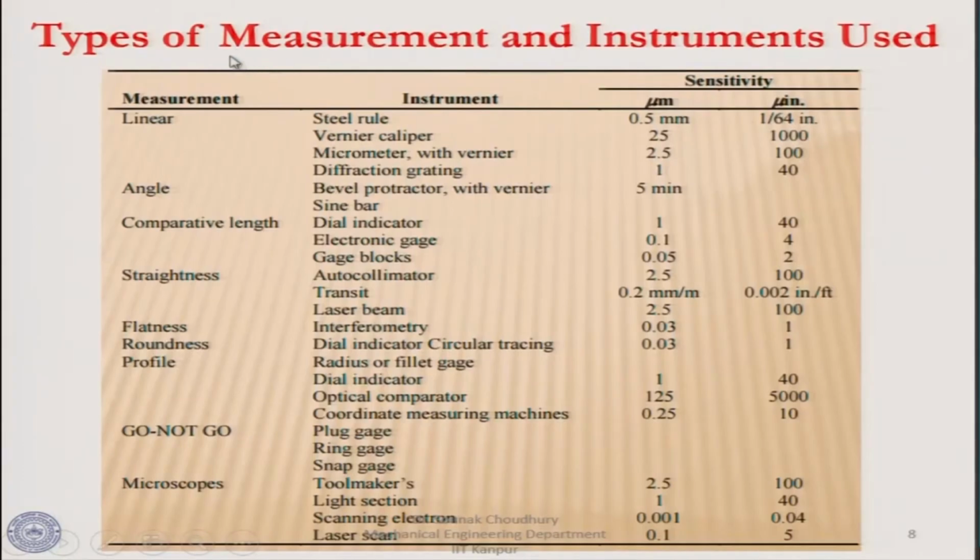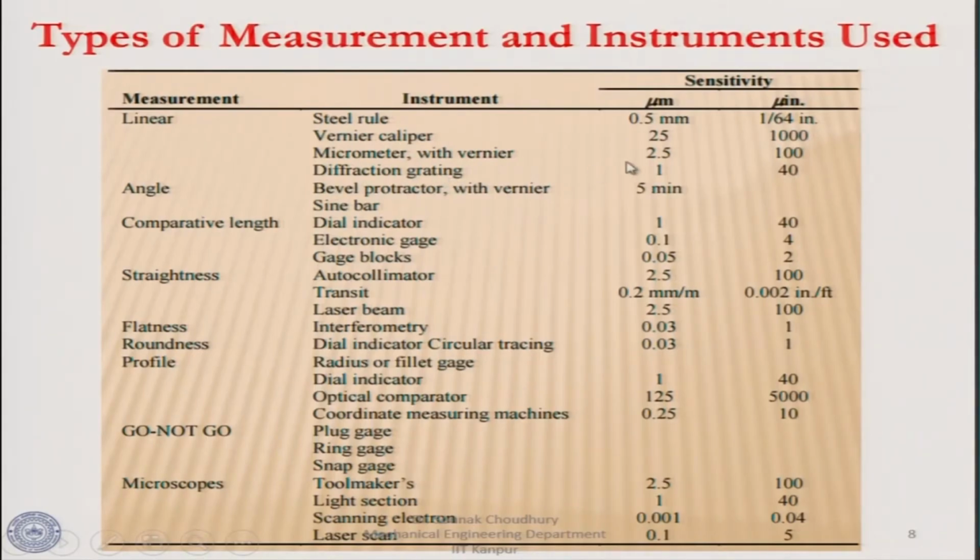Now, the types of measurement and instruments used are the following. For linear measurement, you all know these: the steel rule, the vernier caliper, the micrometer with vernier, and the diffraction grating.